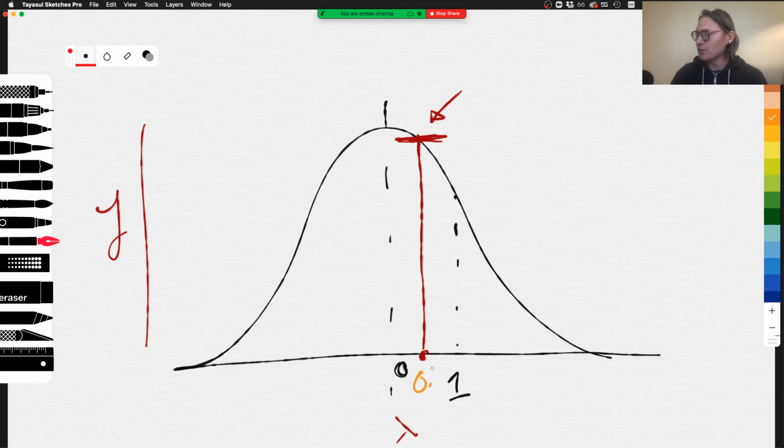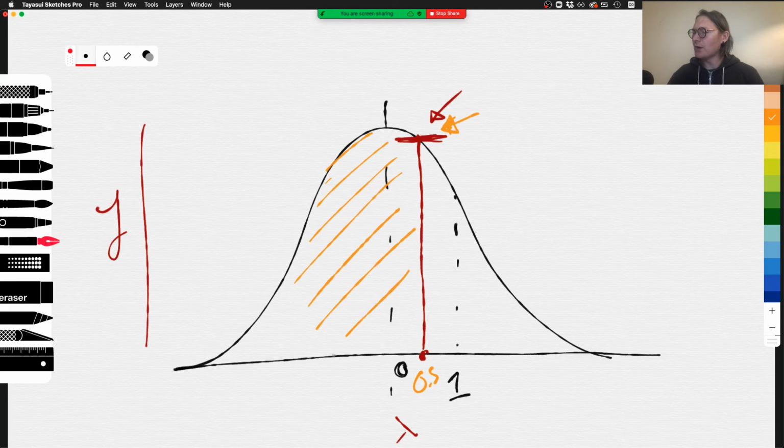Okay, so this was our value, 0.5. Most of the time, we're not trying to figure out what this is up here. That's not really that useful to us. Well, here's the thing, it's going to be useful to us in a second. But usually we're trying to figure out the area under this curve. And this is kind of bringing it back to what I was talking about earlier. So this is what a CDF does for us.